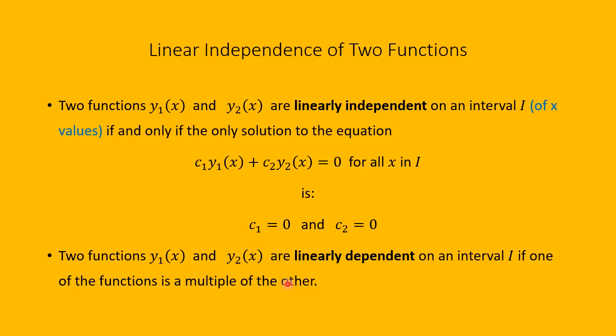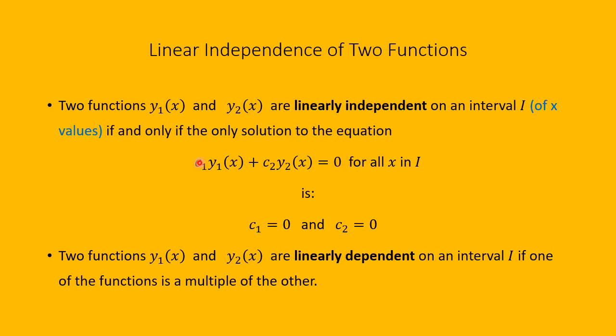Now, if you look up here, for instance, suppose we subtracted this term from both sides of this equation. We would then have that c1y1 equals minus c2y2.